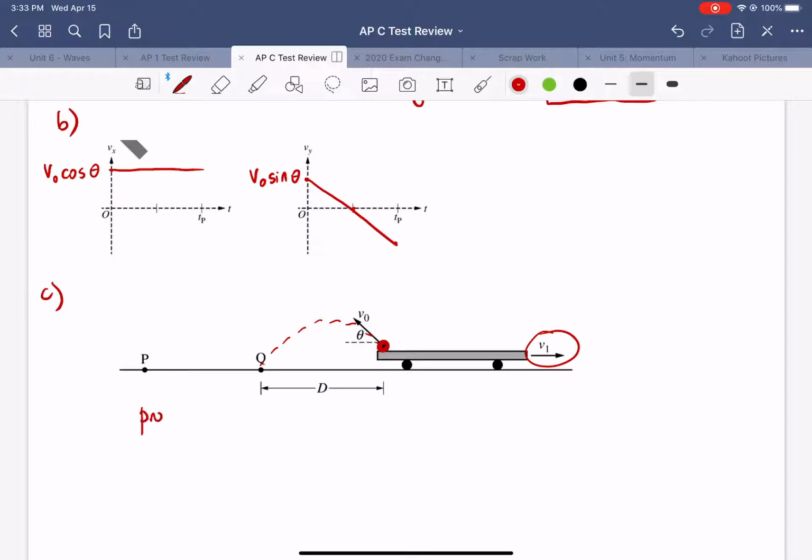So you can say that the projectile has horizontal velocity at the moment it is launched, and that horizontal velocity is in the rightward direction.